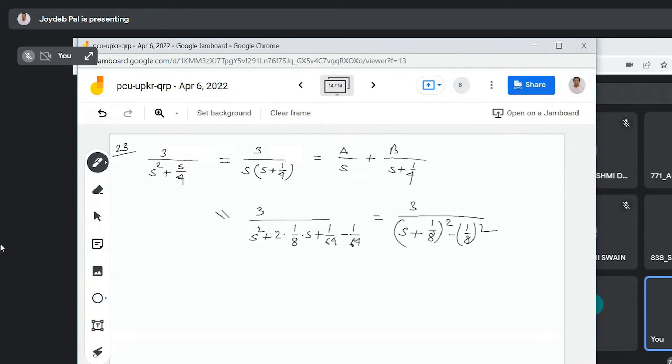So after that, what should we do? How to find Laplace inverse? It is F(s minus a) form, no? s plus 1 by 8, F(s plus 1 by 8) form. So s shifting.